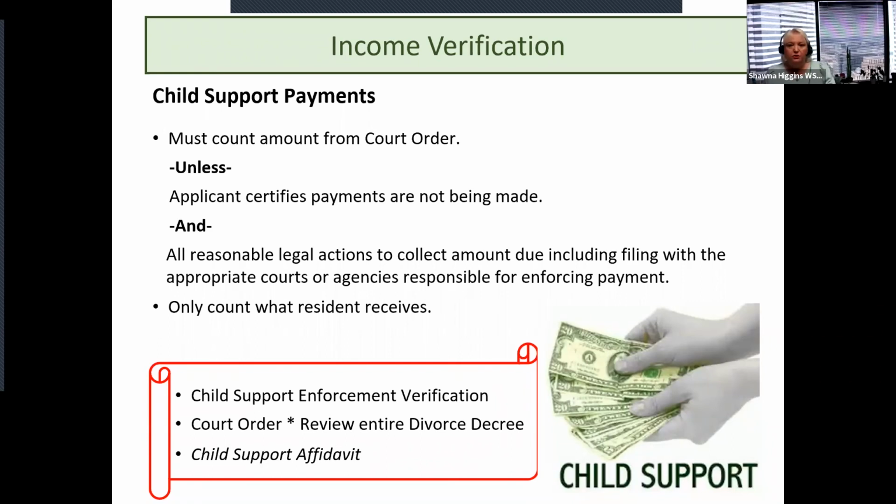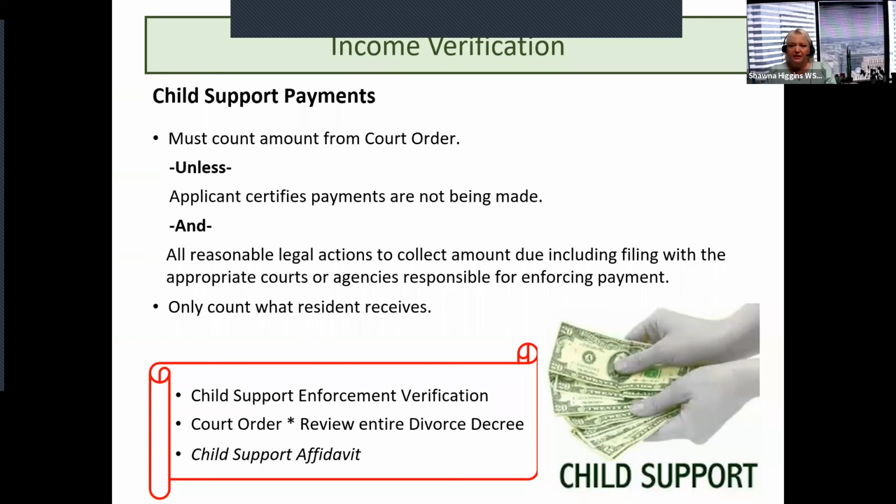And it also shows what they have been receiving, and if there's any payments that are going to DSHS, or if they're getting any back support. So that definitely is a form that's really user-friendly. I don't think we have a copy of it in our program here.